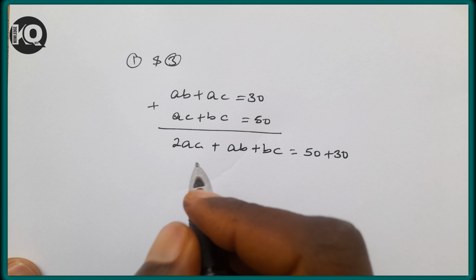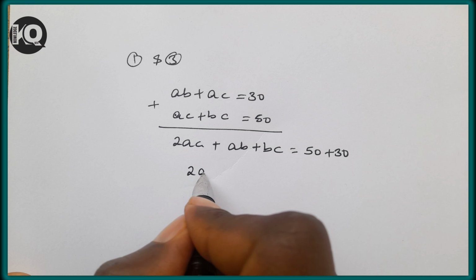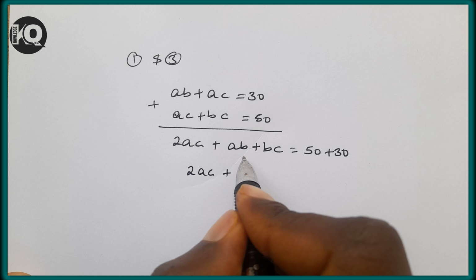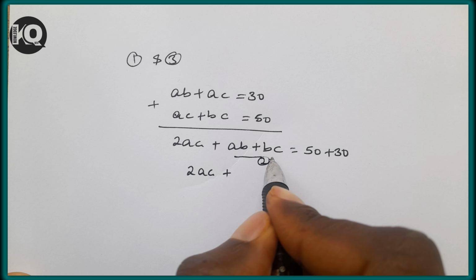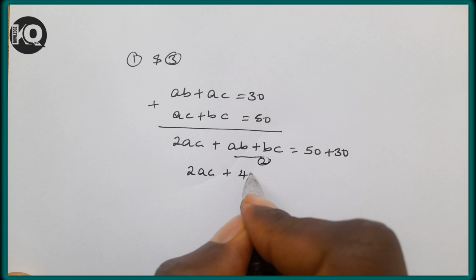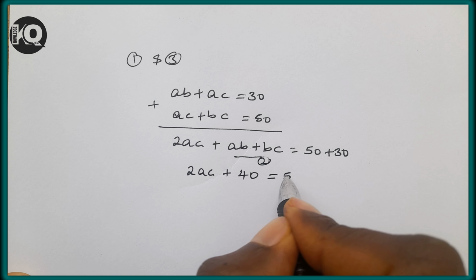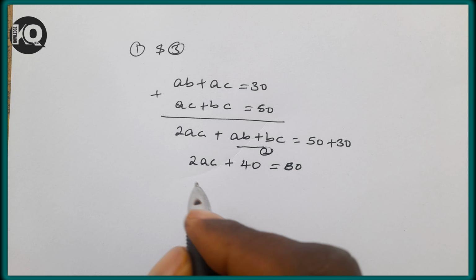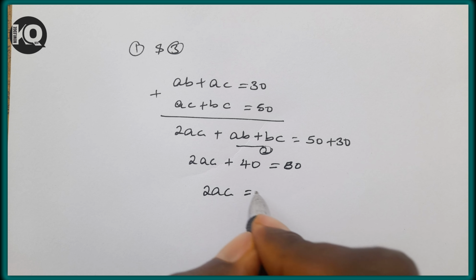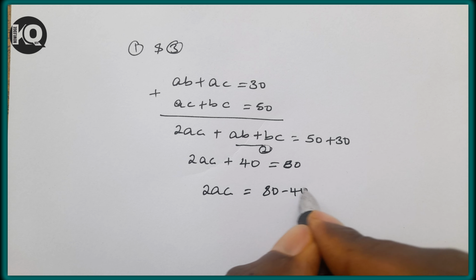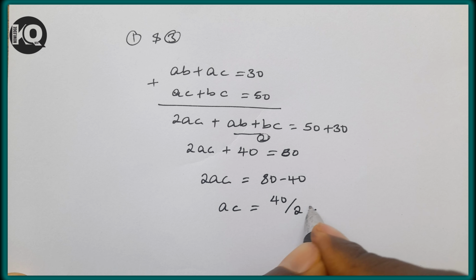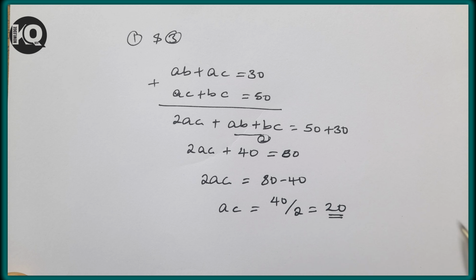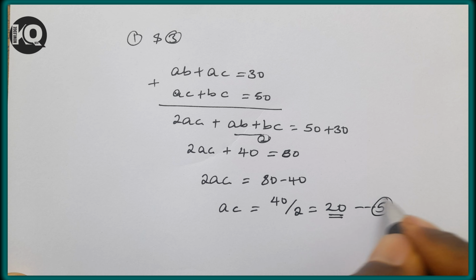Here ab plus bc from equation 2 is 40, which gives 2 times ac plus 40 equal to 80. Then 2 times ac is equal to 80 minus 40, so ac will be 40 divided by 2, which is 20. Let's say this is equation 5.